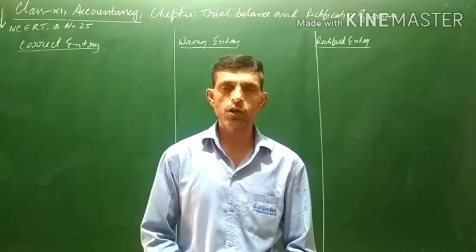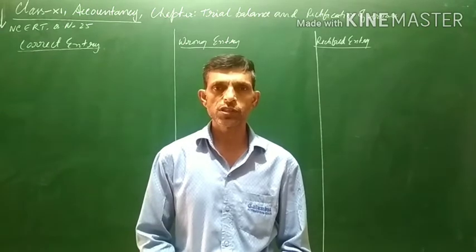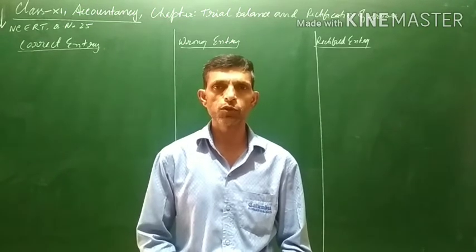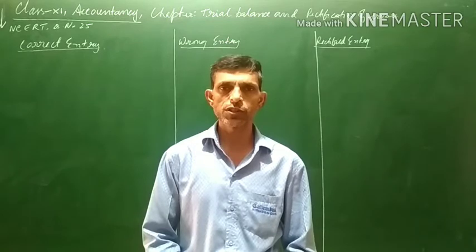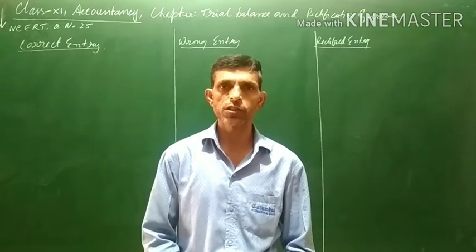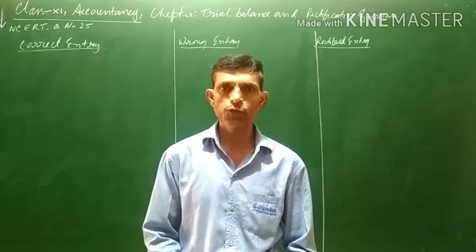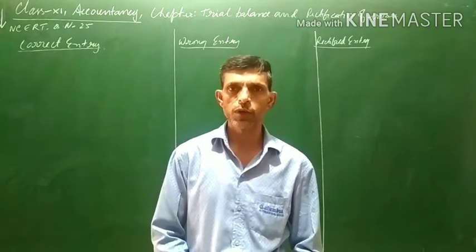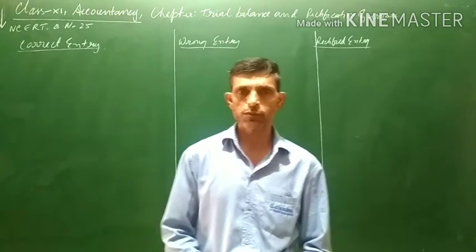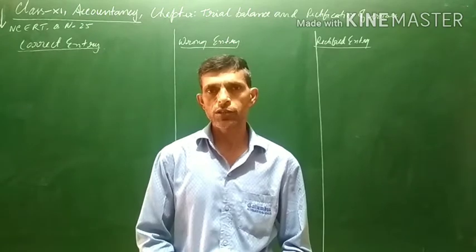So if you are able to solve this question, question number 25, then most probably you will be able to solve most of the numerical questions or illustrations given. Almost all the illustrations and numericals you can solve if you are able to do question number 25. It is actually a comprehensive question which includes all types of problems which arise in case of errors and rectification.